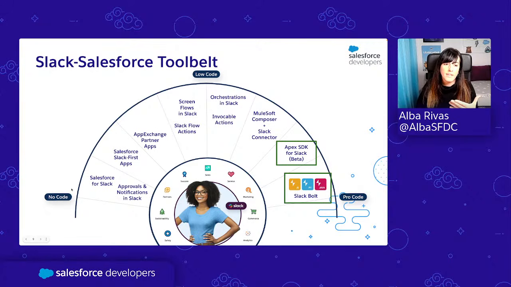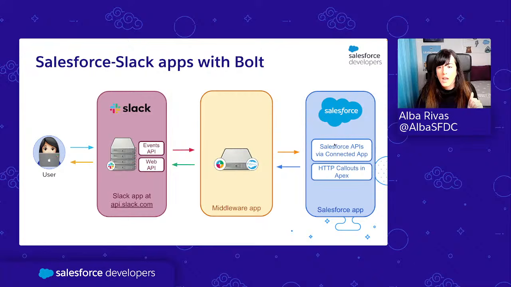This picture represents all the solutions that we can use to integrate Salesforce and Slack, from the no-code spectrum to the pro-code spectrum. But today we're going to focus on the Apex SDK, which is code and which is my specialty.